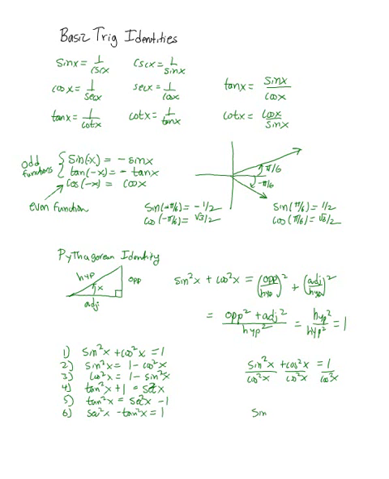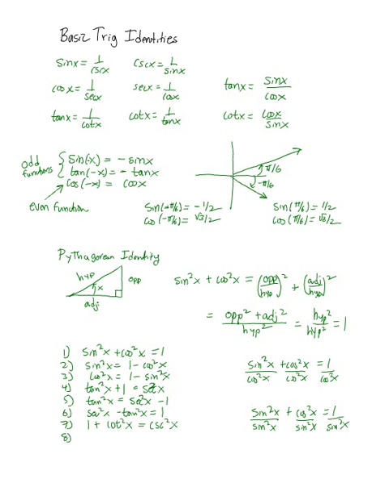Let's say I were to take sine squared x plus cosine squared x equals 1, and this time I choose to divide everything by sine squared x. Then I would have 1 plus cotangent squared x equals cosecant squared x.